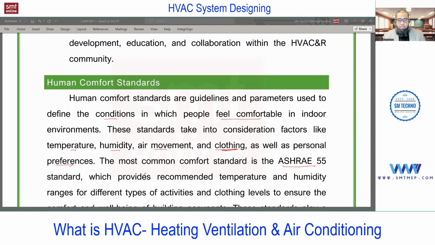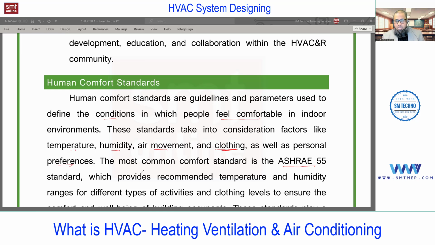So it is not possible to have a single fixed temperature for all human beings. So we have a range, we have some standards. Nobody can give the exact temperature at which everyone feels comfortable, because it depends on n number of parameters.